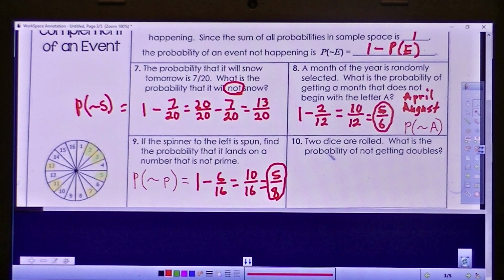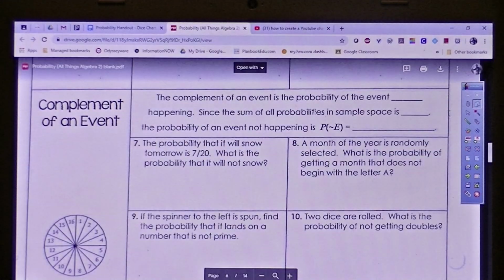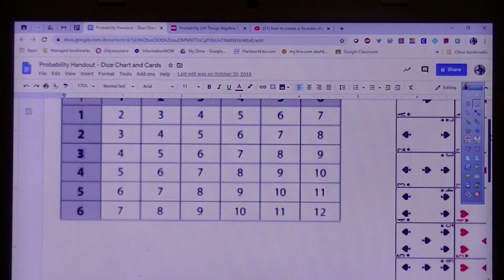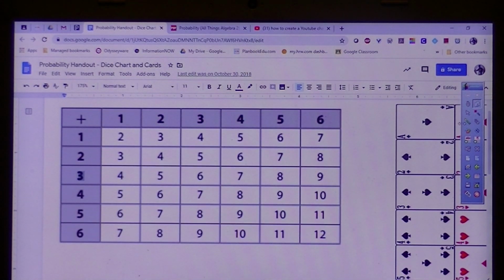Alright, so last one. 2 dice are rolled. What is the probability of not getting doubles? Not getting doubles. So let's go back to our little chart here and see if we can find how many doubles we get. Okay. Roll this back up. Okay, so where would doubles occur?